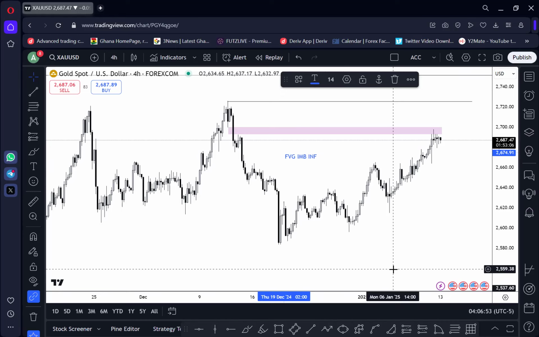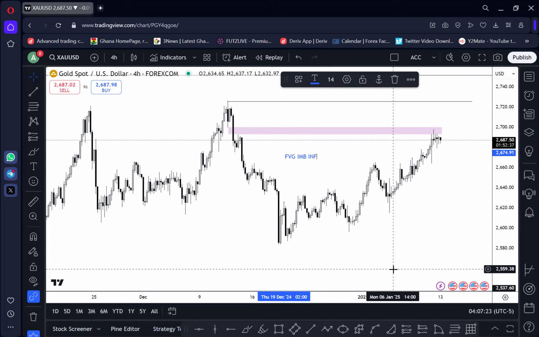Unfilled orders are left at strategic points in the market by traders, the banks, the big institutions, the hedge funds, and co. This allows you, the individual trader who has an idea of how the banks and big institutions move in the market, to identify these points and then trade from there.